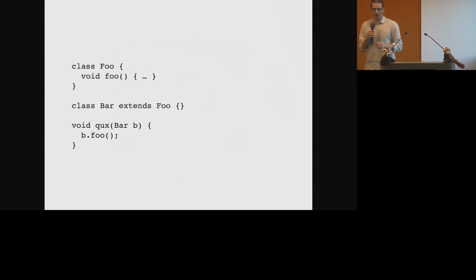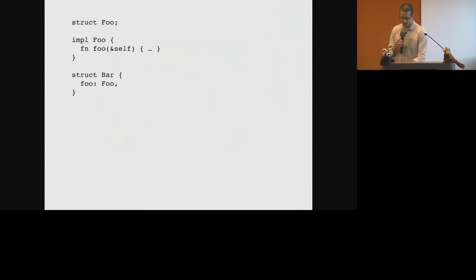So I've got a variable with type Bar, and I can call this method lowercase foo on it, even though that's defined in the class Foo. Totally classic class-based inheritance, totally lacking from Rust, which is, again, a good thing. But some people miss it, and occasionally it's a useful pattern, so you try to recreate it. So let's try and do that.